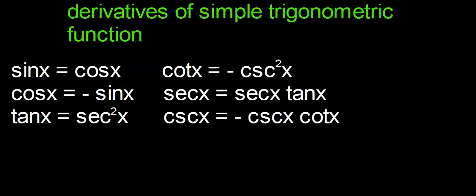But before we go to the questions, there's one tip that can help you memorize these formulas: if the trigonometric function starts with c, the derivative of that function will become negative.